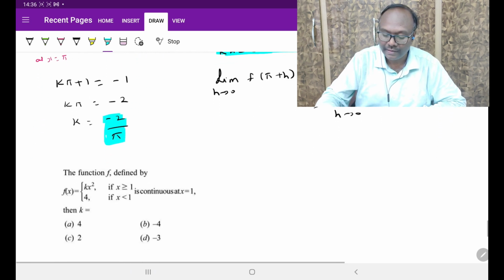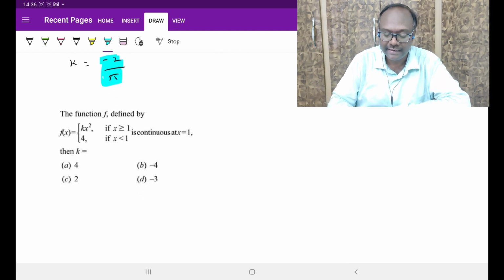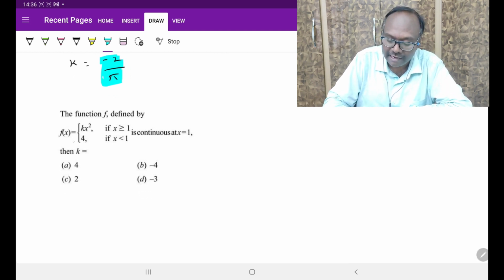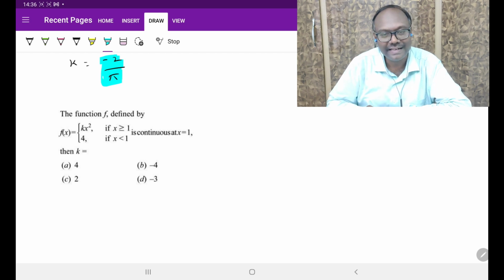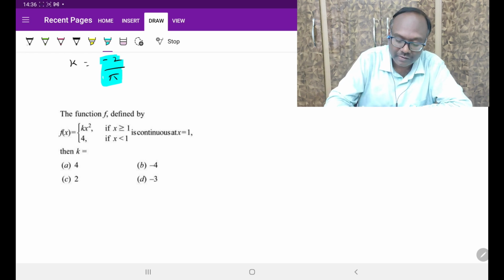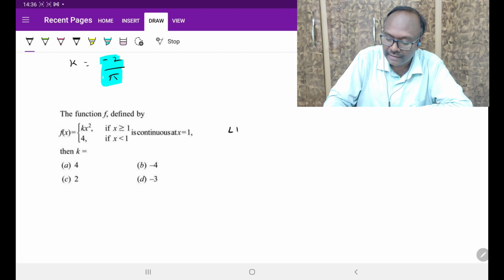Now see the next question. The function f defined by f of x is k into x square when x is greater than or equal to 1, equal to 4 if x is less than 1, is continuous at x equal to 1. So we apply the same method. So LHL at x equal to 1 is equal to RHL at x equal to 1.